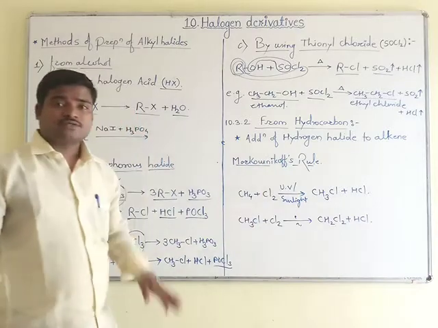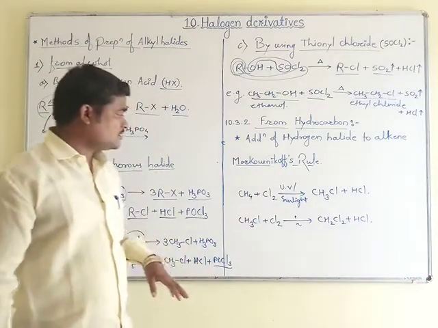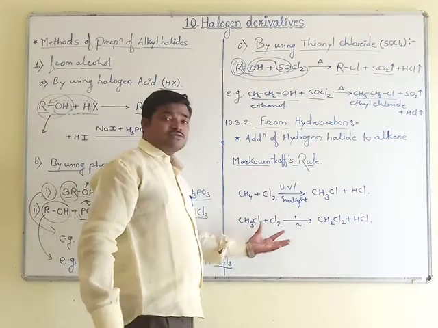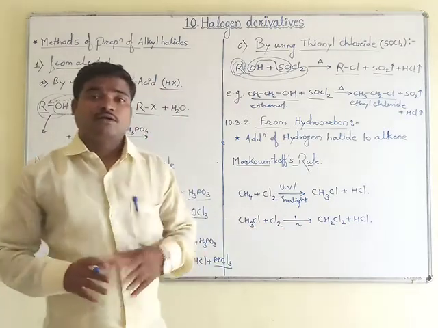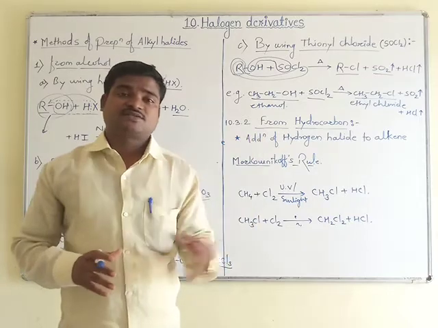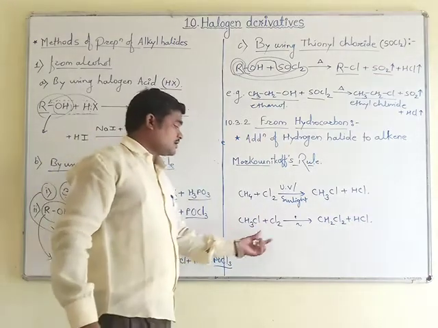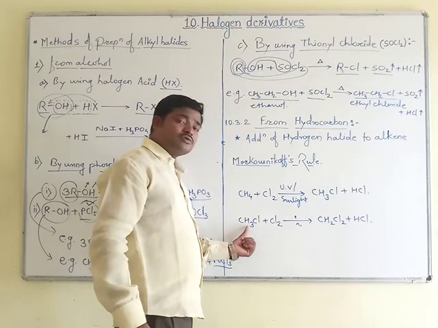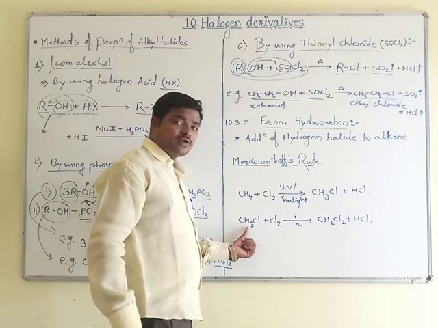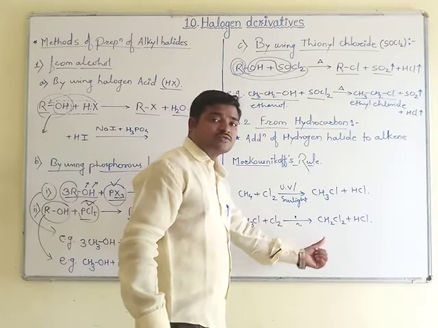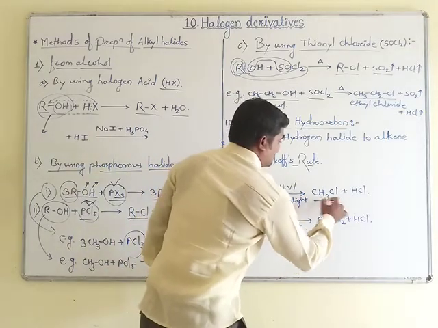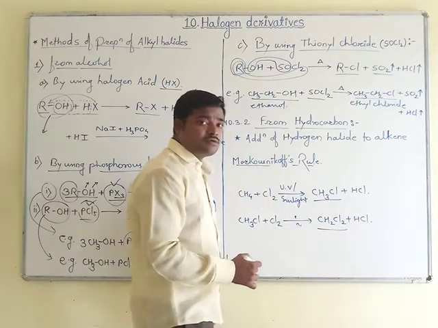Such types of reactions you already studied in the previous year. This again will not stop here, it will continue. This is a chain type of reaction. Here again chlorine will act on this CH3Cl. One of the hydrogens from this CH3 is replaced by chlorine, and we will get its corresponding dichloromethane. This one is the methyl chloride, here is the dichloromethane.